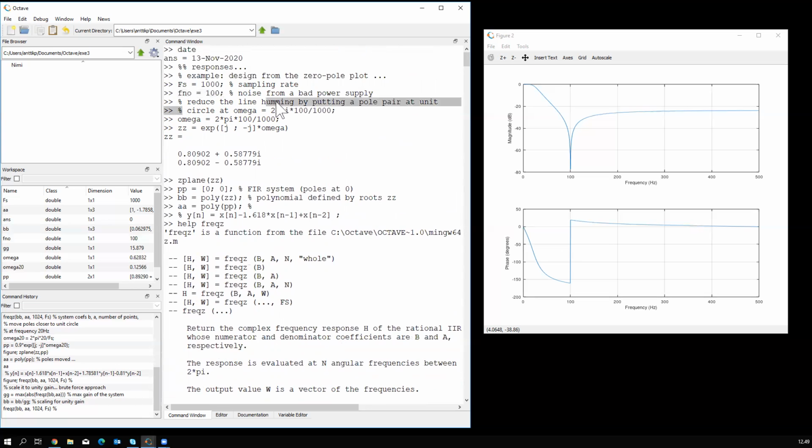And then we put a zero pair at the unit circle, not a pole pair, and calculate the omega, the corresponding fractional frequency, and put again the complex conjugate pair.